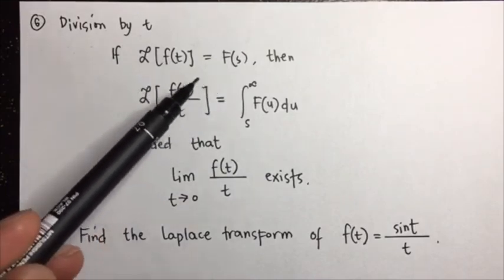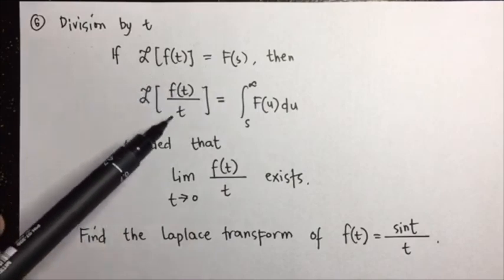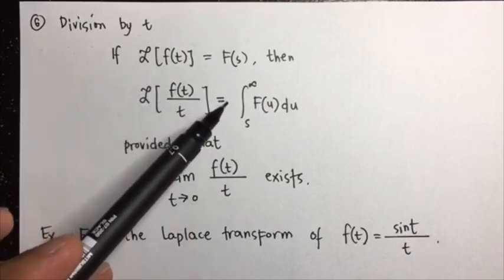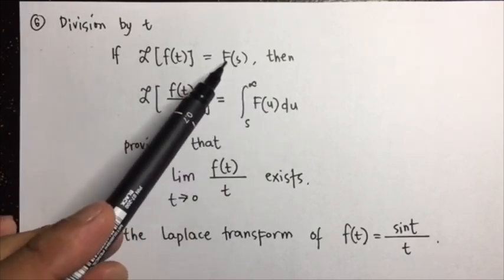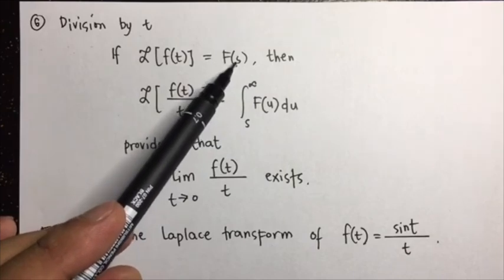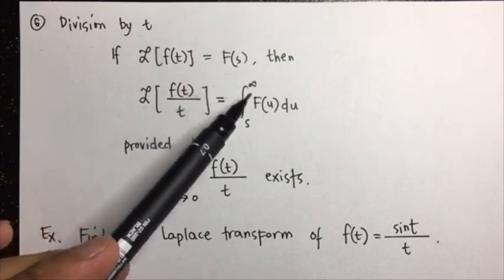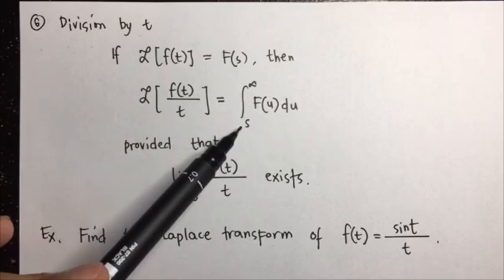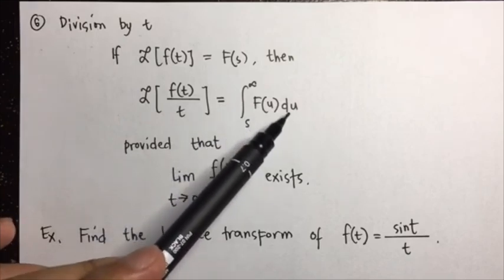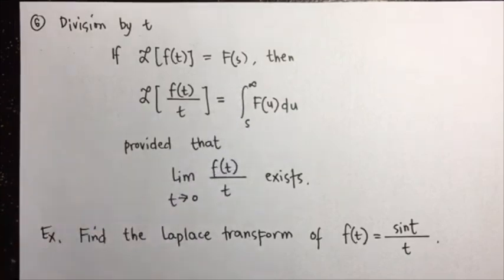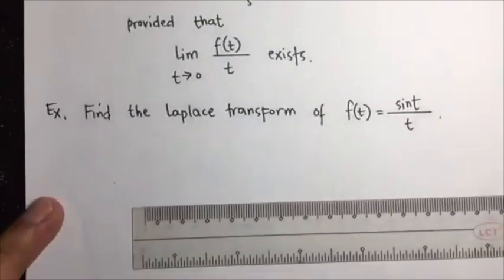To get the Laplace transform of f(t) over t, you will replace the s in the Laplace transform of the numerator with u and then integrate with respect to u from s to infinity.